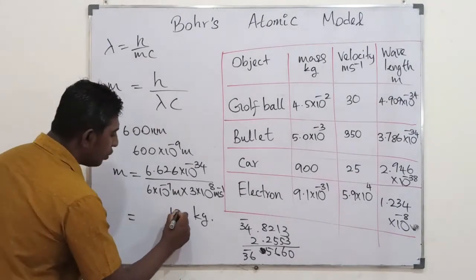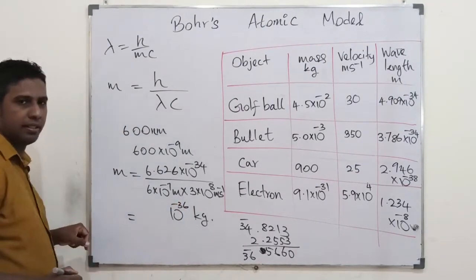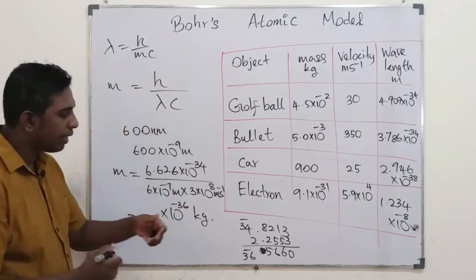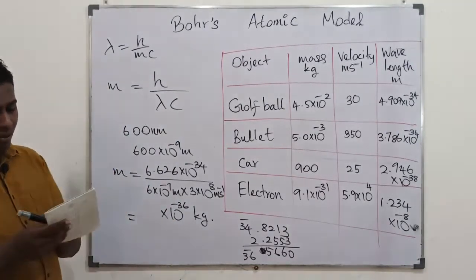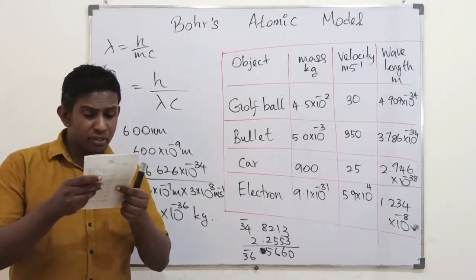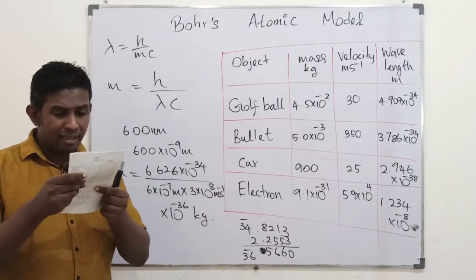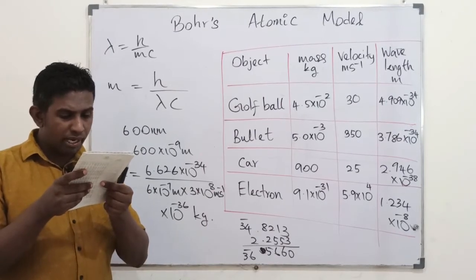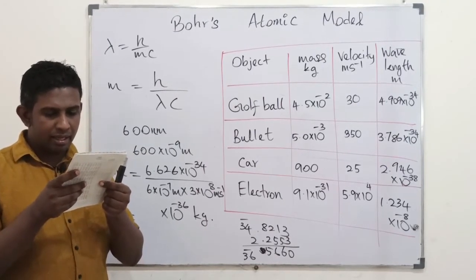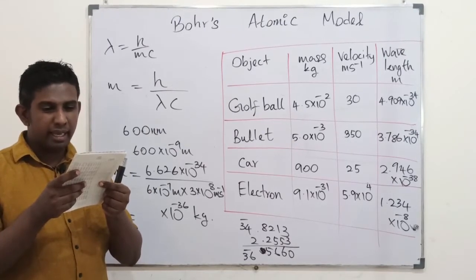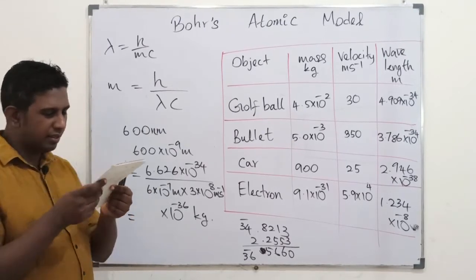So the answer is going to be 10 to the power minus 36 into the antilog of 5660. Let's find that out. 5660 you get at the 8th of 36.